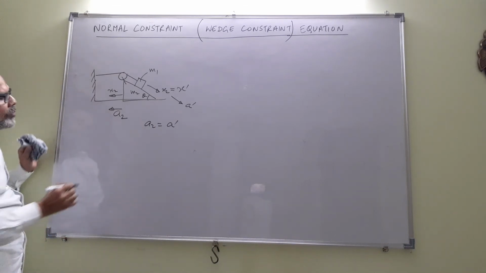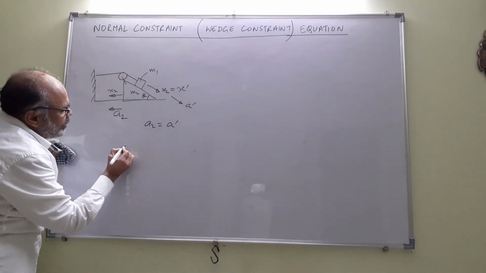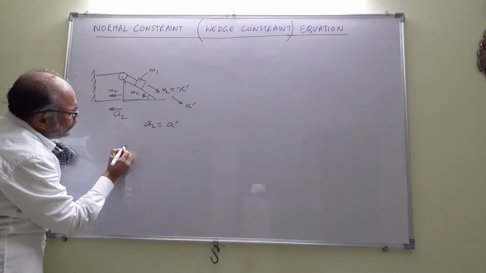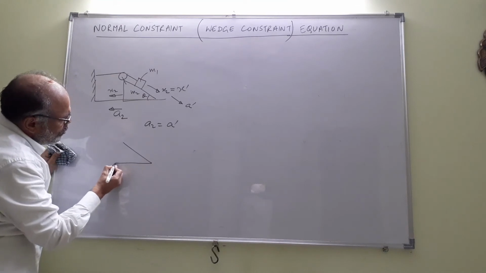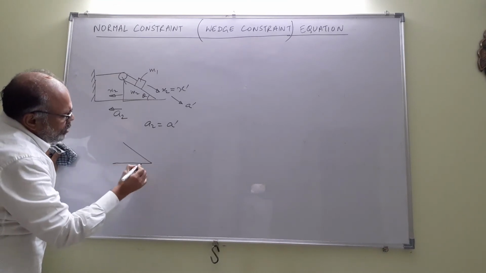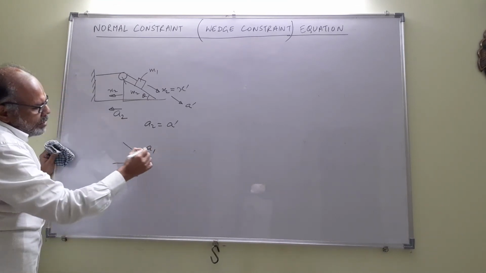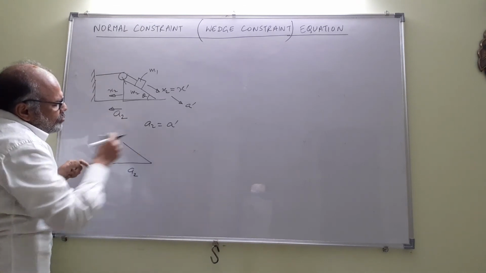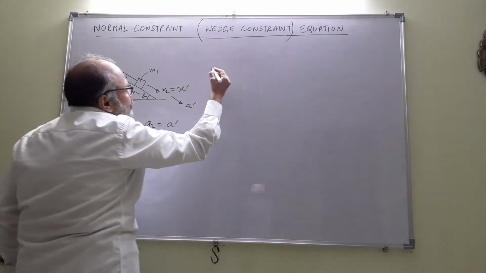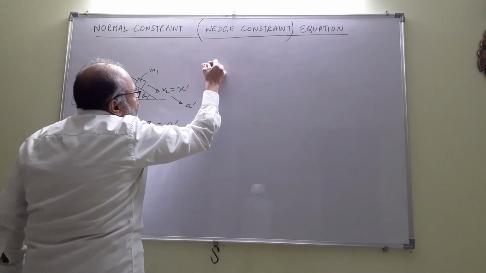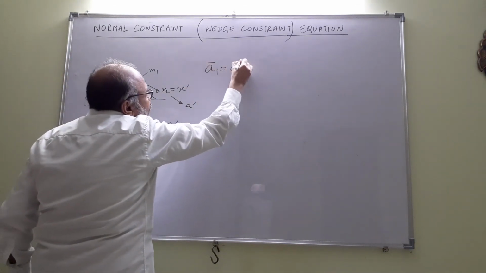Now we can show the accelerations. Let us say this is a2 and this is a1, a dash.